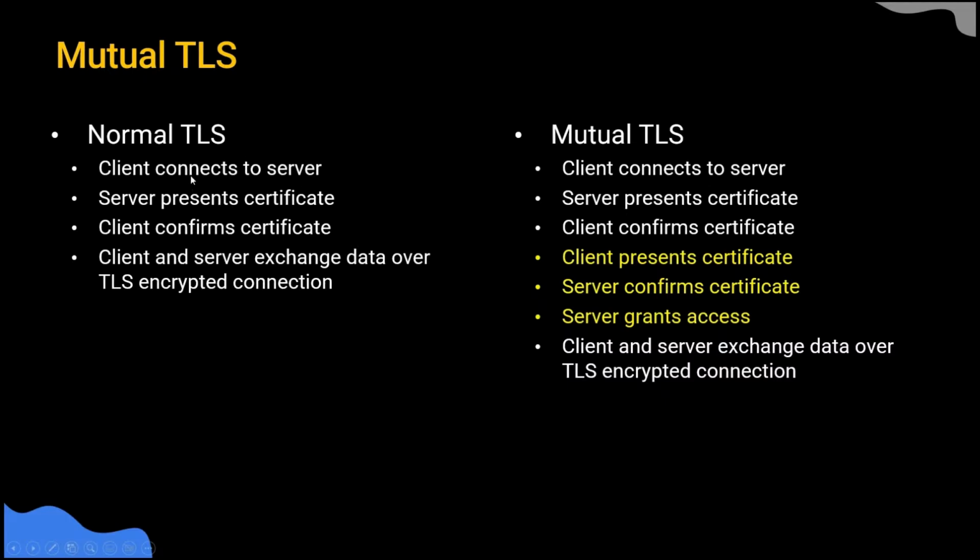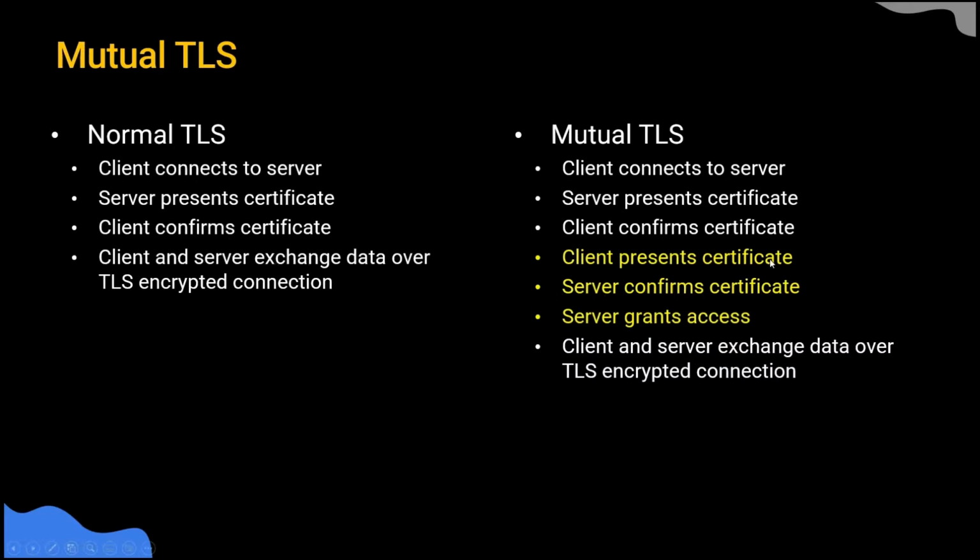So in normal TLS, the client connects to the server, the server sends down a certificate, the client confirms the certificate is valid, so it trusts the website or the API it's calling, and they start doing their data transfer. So it's a one-way authentication. The client validates the server is a valid server that it wants to connect to.